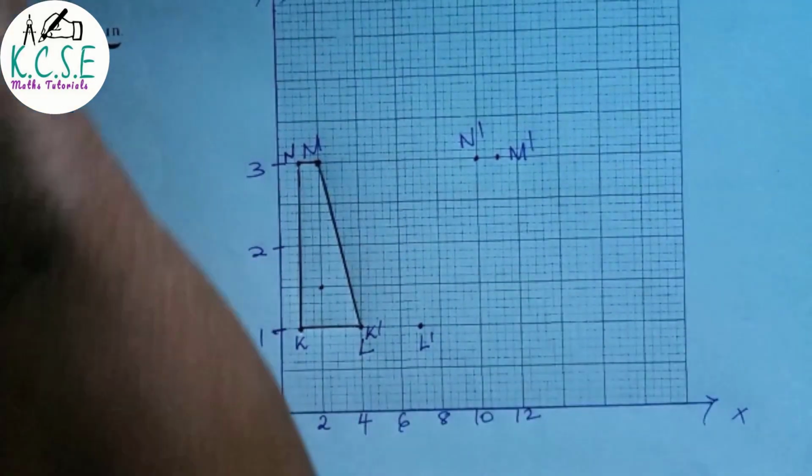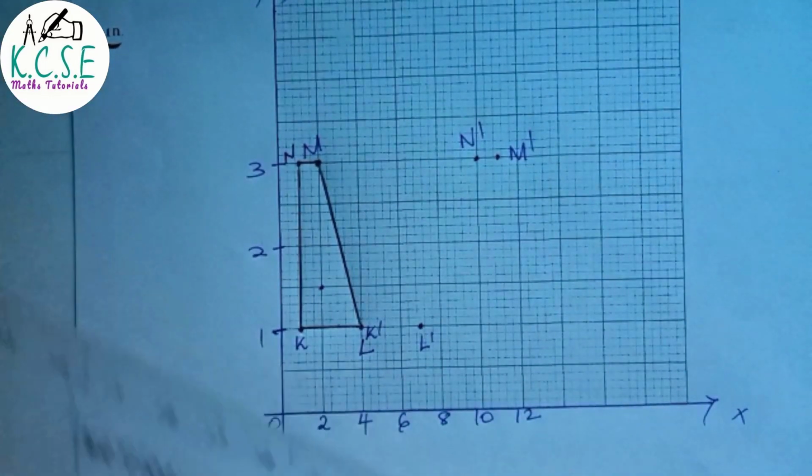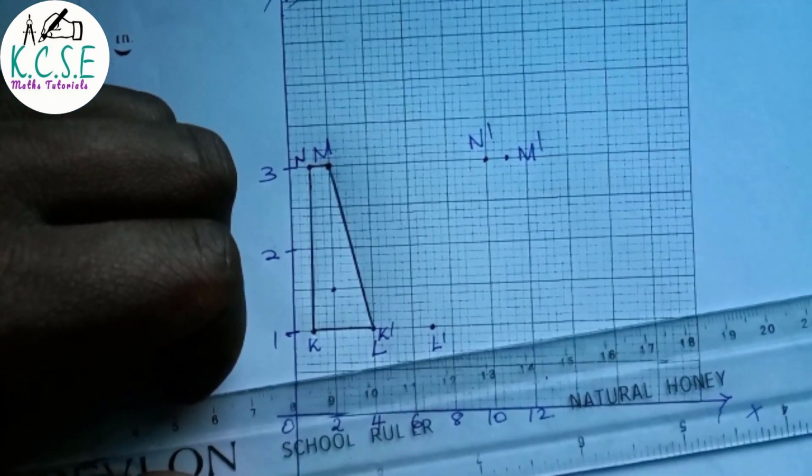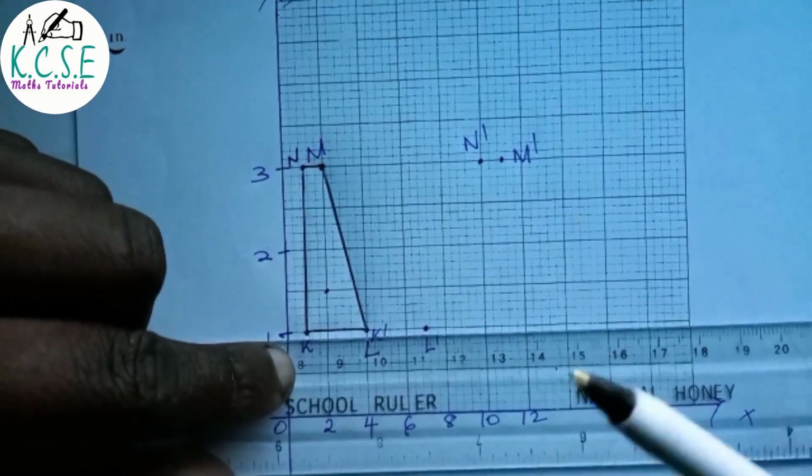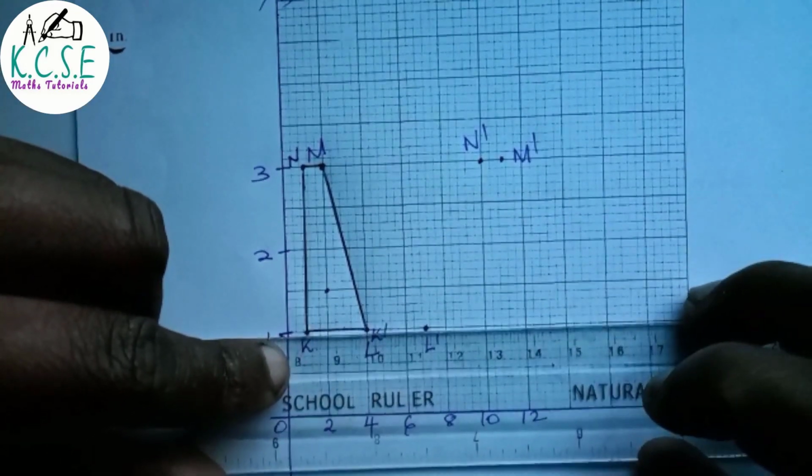So we can join this one. So we have K, and join this one is a straight line here, as you can see.